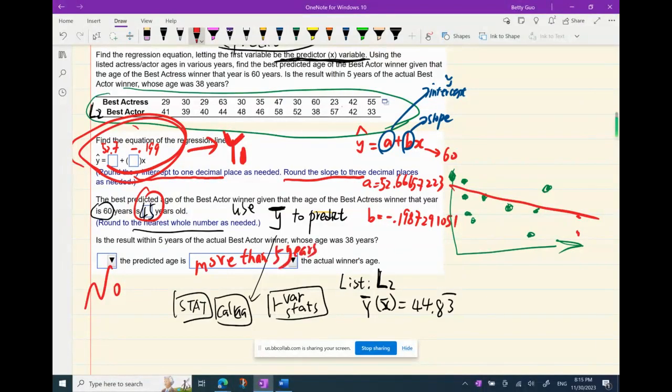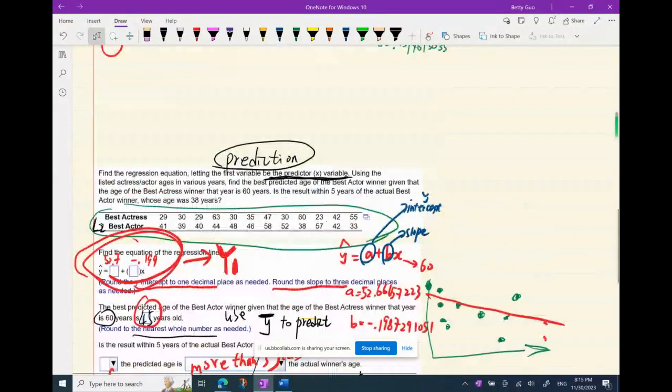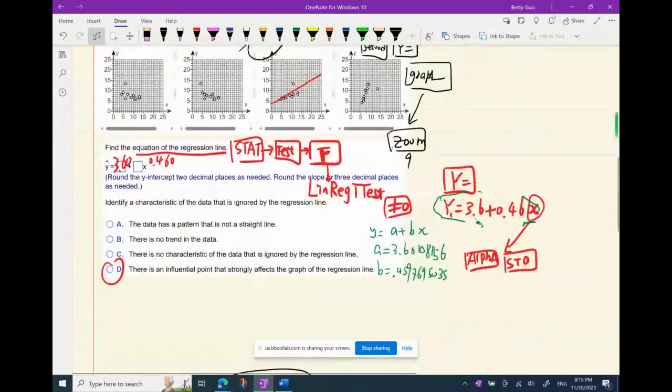Than the actual winner's age. Okay, guys, am I clear about this problem? How do we predict the y value? Earlier, this one actually doesn't have the prediction. You will see one later.